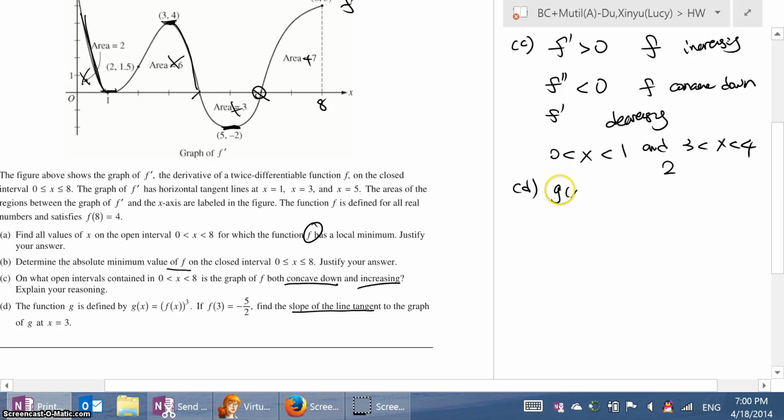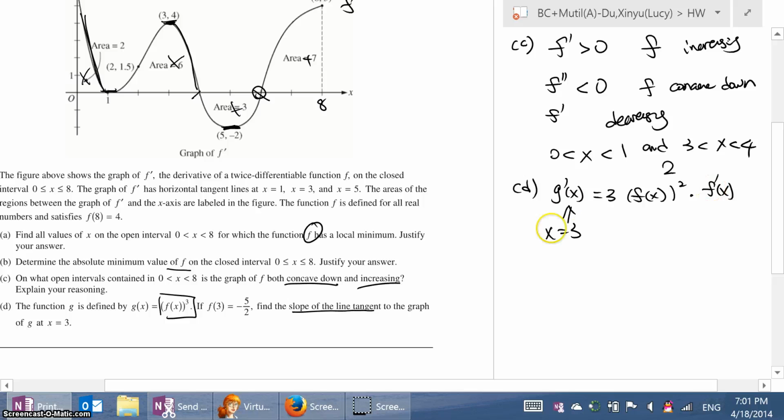Let's first differentiate g(x). We should use the chain rule because f(x) is actually a function. First we differentiate the outer part, which is 3 f(x) squared, and then the inside part, which is f prime x, and then we plug in x equals 3.